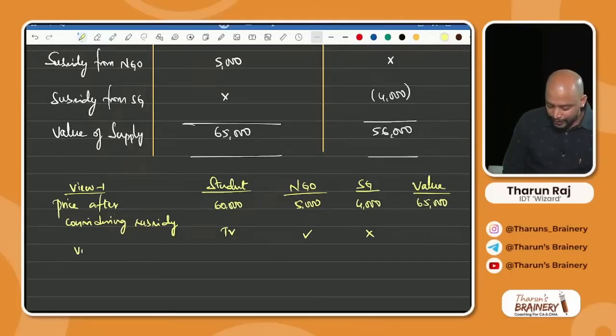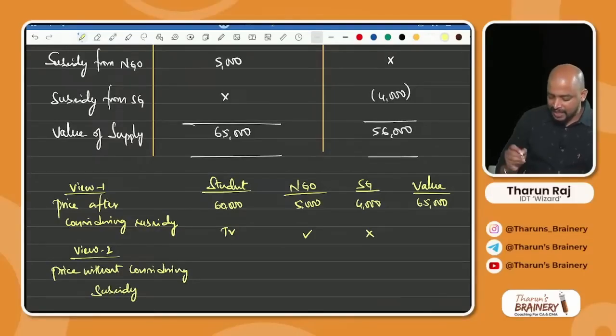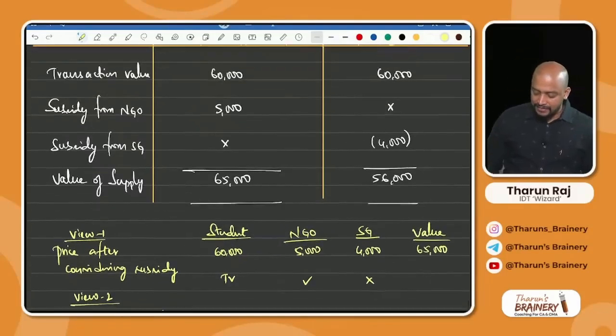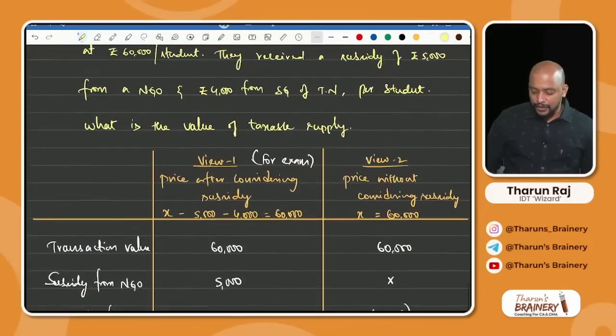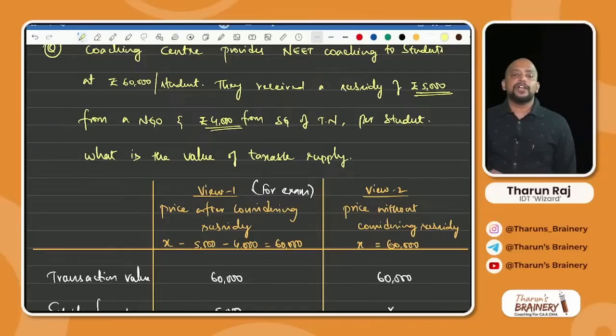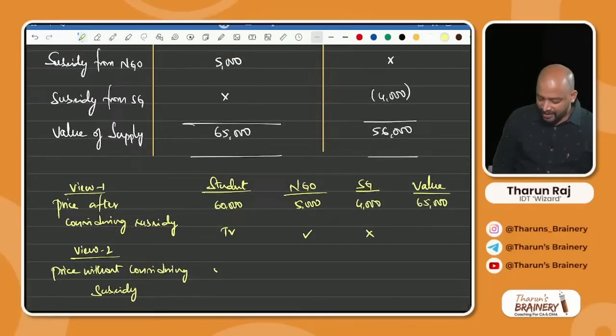Suppose view 2. View 2 is what? Price without considering subsidy. If the price is without considering subsidy, from the student how much will we be getting? The fees are 60,000.